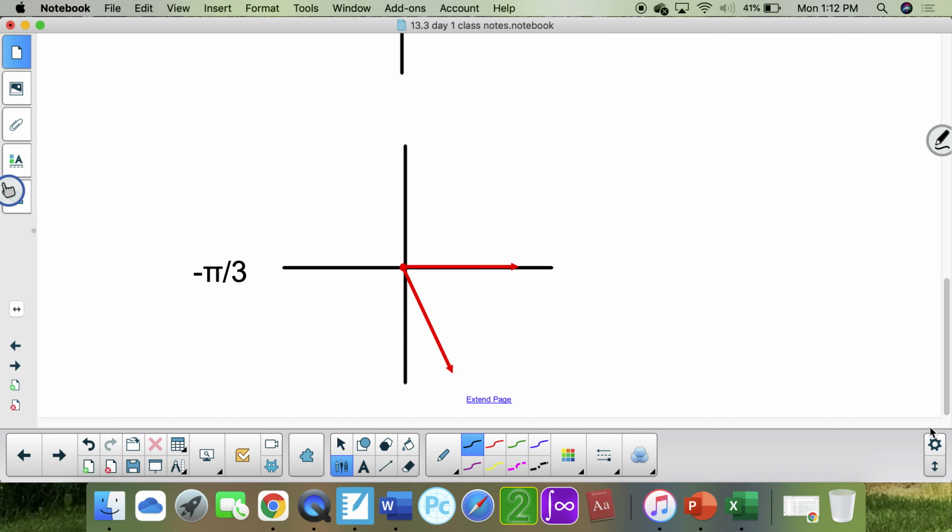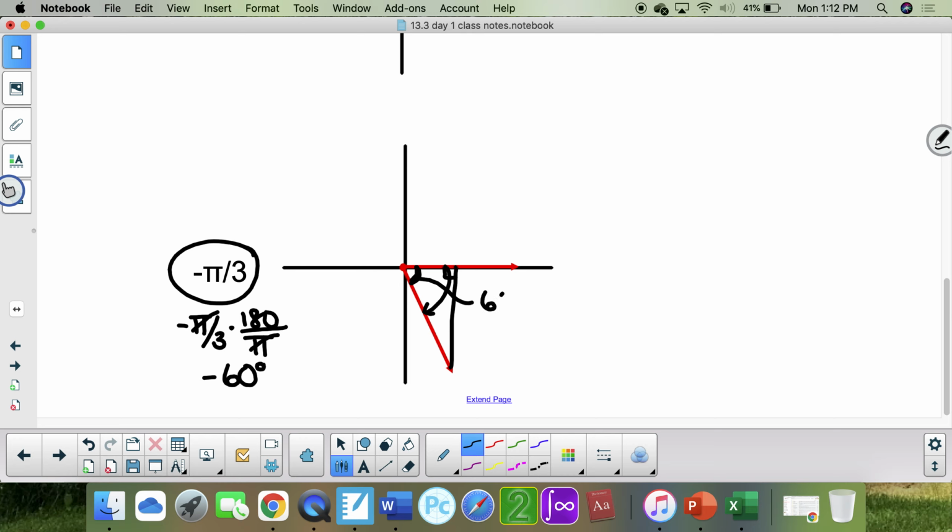This one, a negative pi over 6, remember how to go from radians to degrees in the last section: cross out the pi's, 6 goes into 180 thirty times, so negative 30. Actually, you go down 60 degrees, which puts you in the fourth quadrant, bring that up to the x-axis. This angle in here is always positive, and this is 60 degrees. And that's how you find the reference angle.